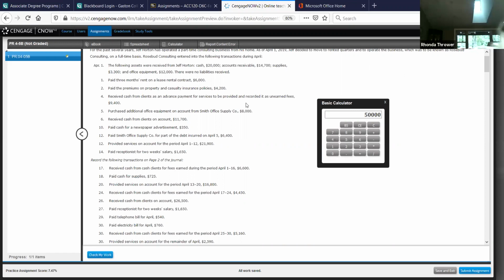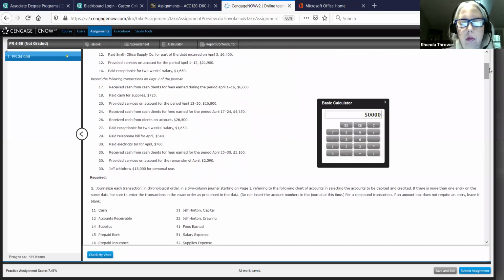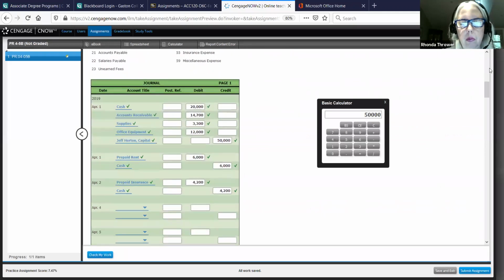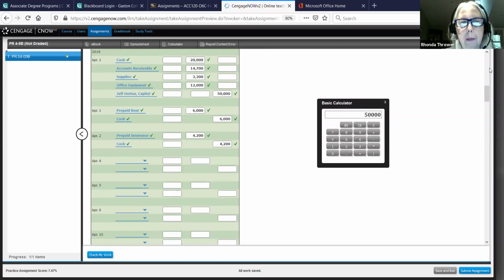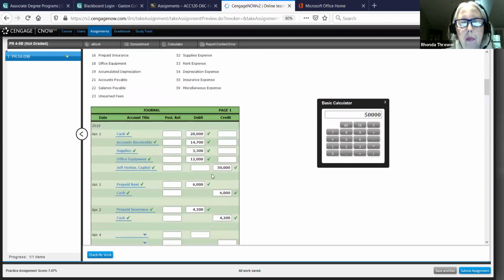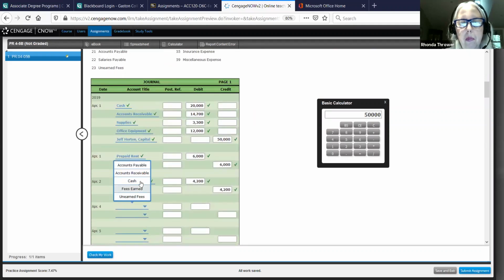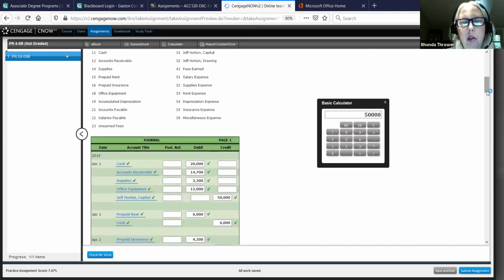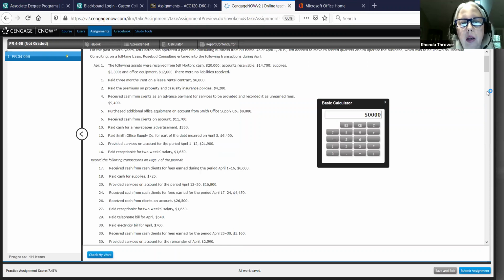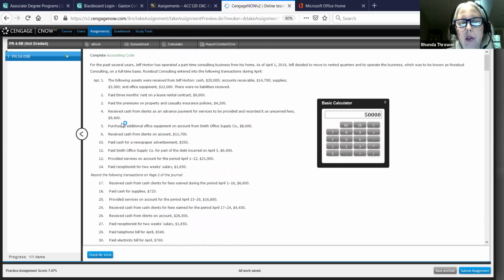Anytime you receive cash, your cash is going to be debited. So my cash is going to be debited for the amount that I have received, which is $9,400.